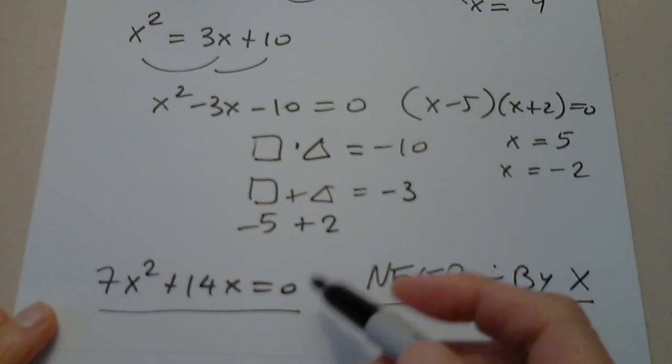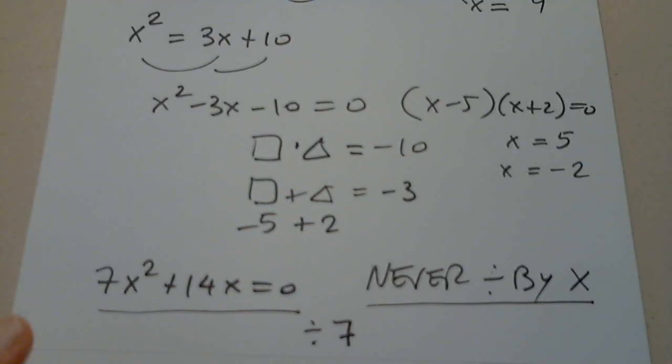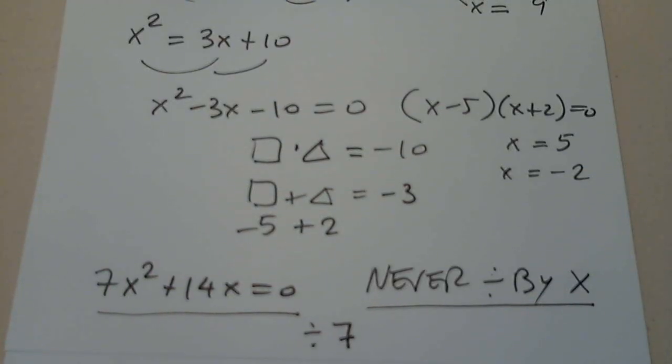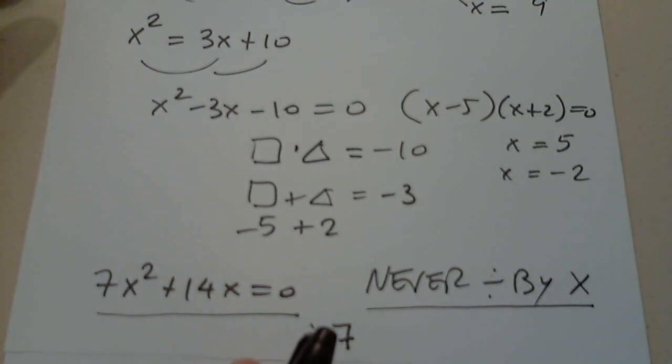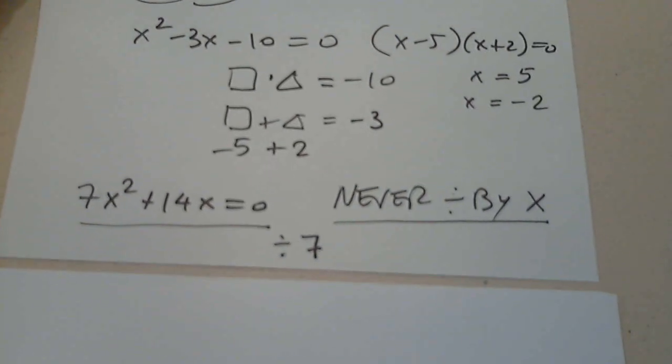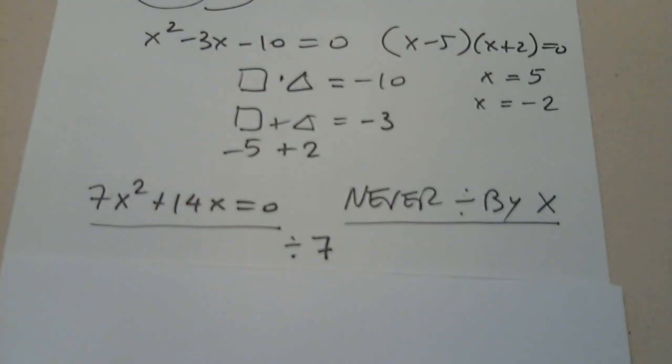But in an equation, I can simplify if I want to. And in this case, the greatest common factor is 7. This is not the factoring situation. Here I am allowed to simplify because in any equation, I'm allowed to divide both sides by 7. That will not change the solutions. But do not divide by x. That will be a tragedy.